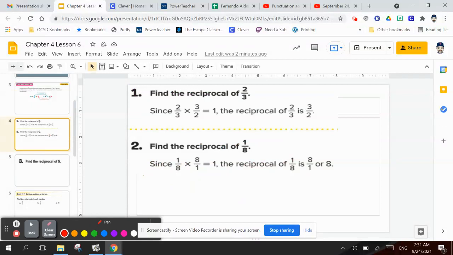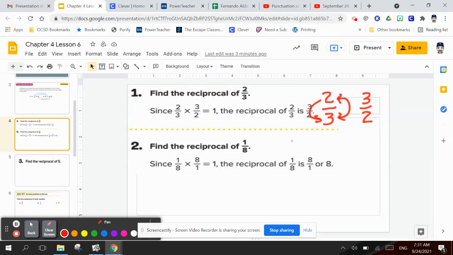So, finding the reciprocal of 2/3. The reciprocal means that I'm going to flip this fraction. If I flip the fraction, my numerator is now 3, my denominator is now 2. All I do is switch those around.